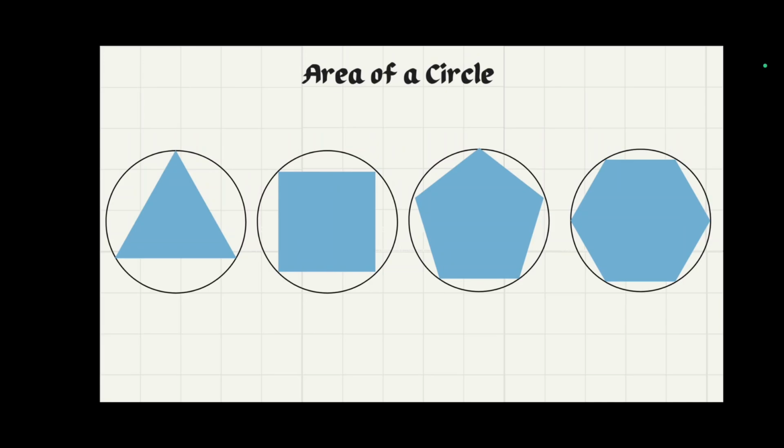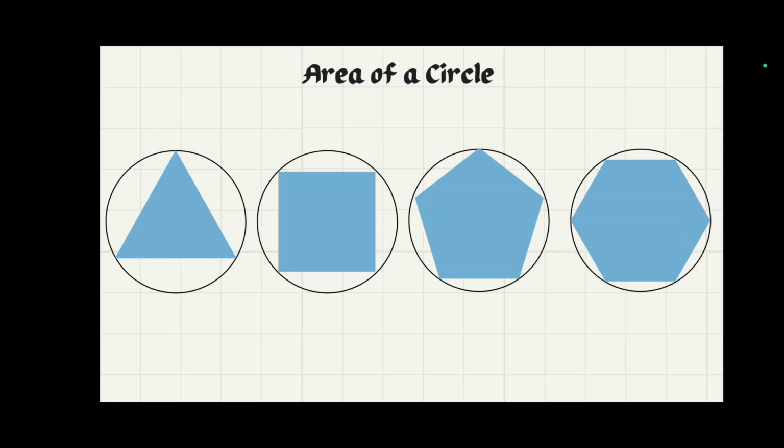Now, look at the 4 circles on the screen. In the first circle, you can see a triangle drawn inside it. In the second circle, there is a square. In the third one, we have a regular pentagon. And in the fourth circle, a regular hexagon. As we move from triangle to the hexagon, what do you notice?